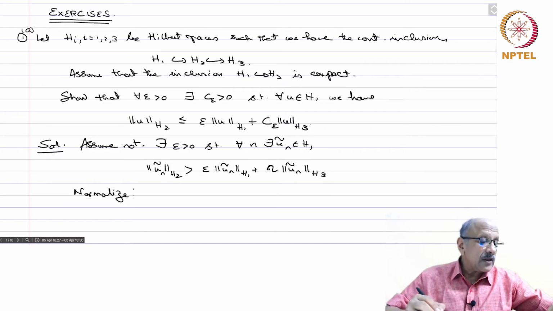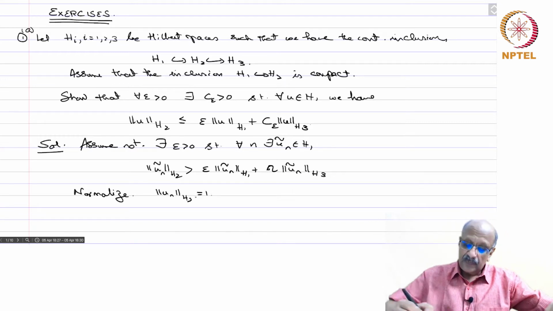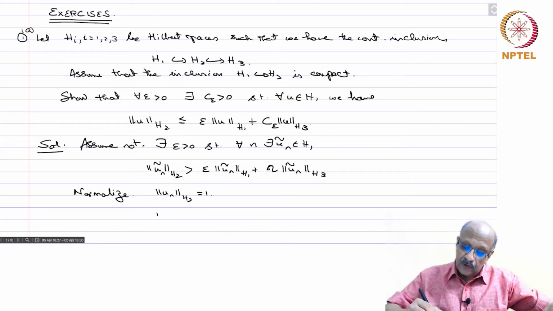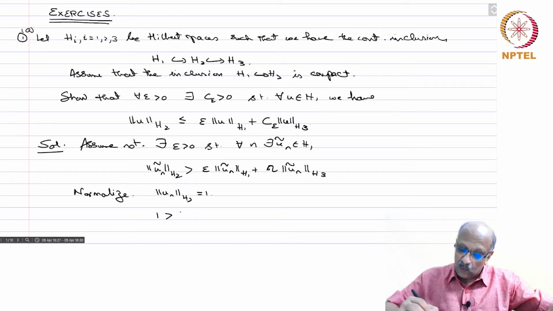and so you can assume that norm u n in H2 equal to 1. Okay, and then therefore you have 1 is bigger than, so you divide throughout by norm u n tilde in H2. So that will give you a new vector u n, that is u n tilde by norm u n tilde in H2, that will have norm 1 in H2.